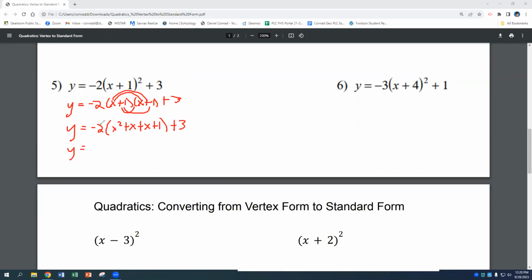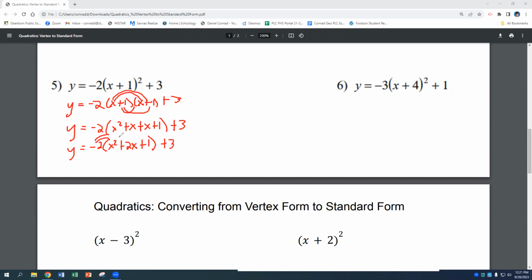I can now distribute my -2 to each term. Before I do that, let me simplify what's inside the parentheses. So let me do -2, and that's x squared plus 2x plus 1, right? I'm combining what's on the inside here, x plus x.